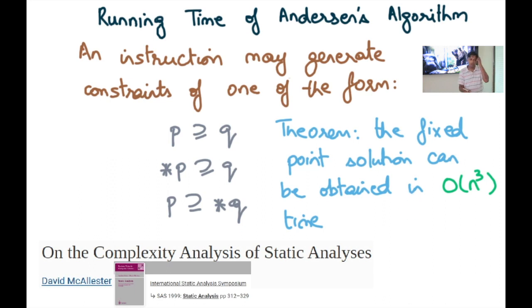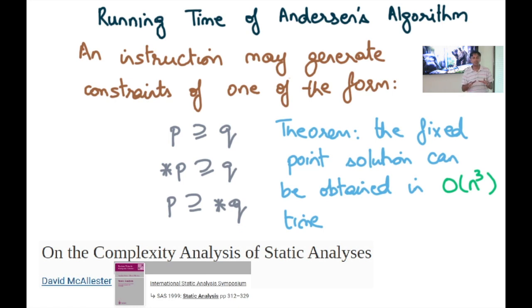Now, I want to point out that although we've been talking about the worst case time being order n cube, first of all, order n cube is a very disappointing running time, because programs can be very large, thousands to millions of lines of code, and order n cube time complexity is often not going to work for many programs. And if a compilation is going to take hours or days because of the order n cube time complexity, that's a non-starter.